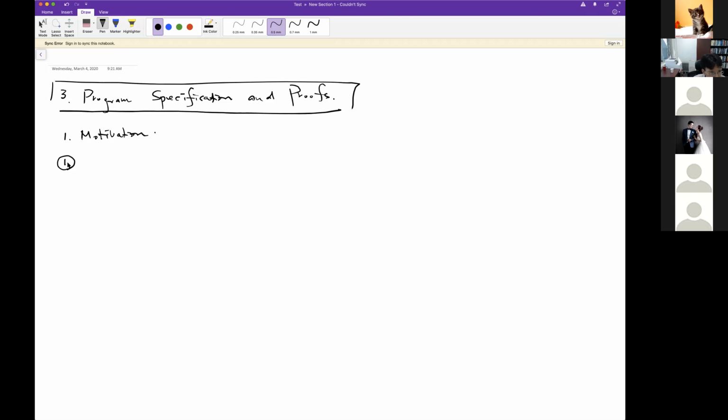So when we write programs, often first we want to write down what the program is supposed to be. So think about the following program. What it does is, let me just write down the code first, and then maybe I will ask you to figure out what's really going on. So it's a program which assigns 0 to A, and then X to B, while B is greater than or equal to 3, do the following.